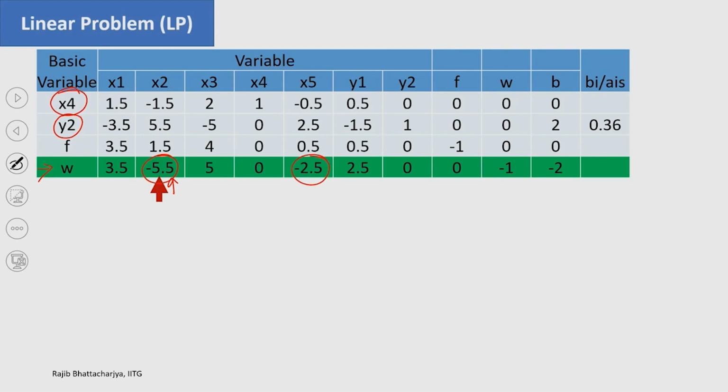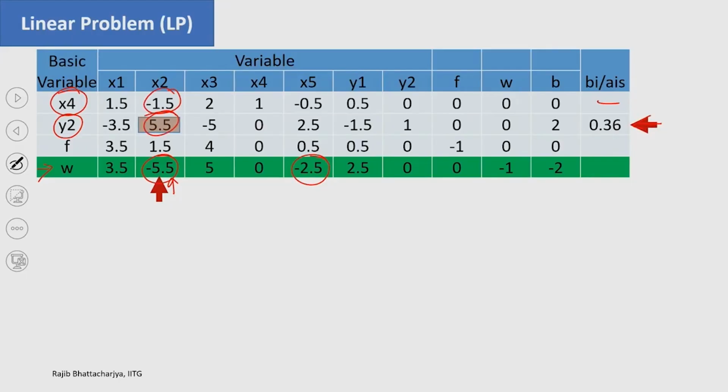Let us look at the ratio. So, the first one is negative, so therefore, we are not considering it. For the second one, that is 2 divided by 5.5, we are getting 0.36, and that is the only one, and therefore, this is your pivoting element.